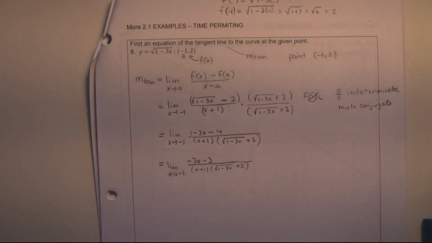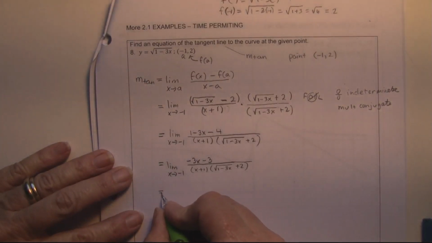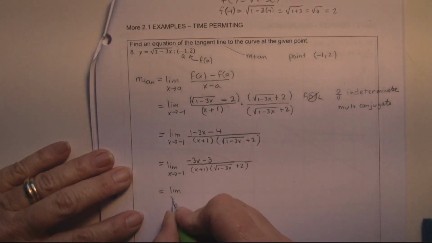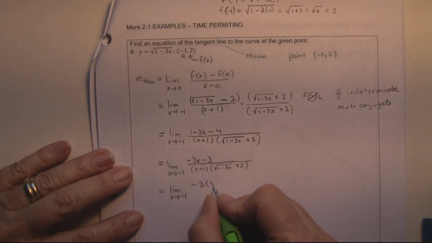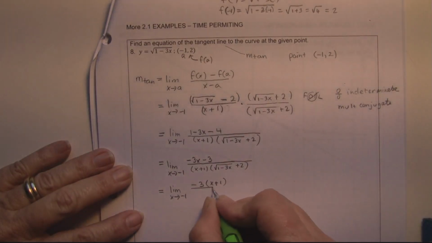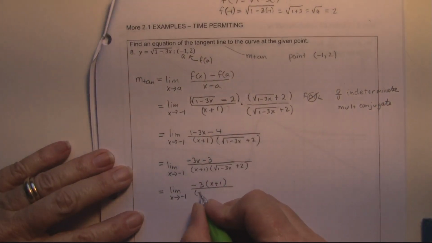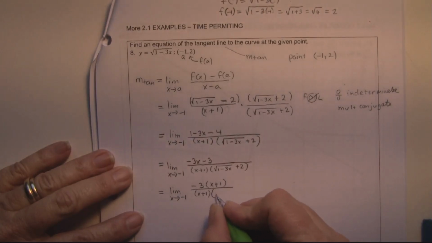So I still want to cancel the x plus 1, and I notice in the numerator, so that's the part that I have the x plus 1 ready to cancel. As soon as the numerator has an x plus 1, I'll cancel. And now I'm going to factor out a negative 3, and it will have the x plus 1. So the limit as x goes to negative 1 of negative 3, x plus 1, and in the denominator, x plus 1, and that conjugate thing.